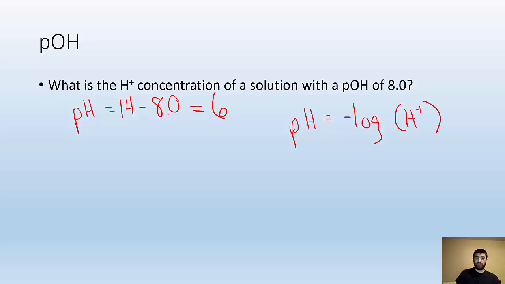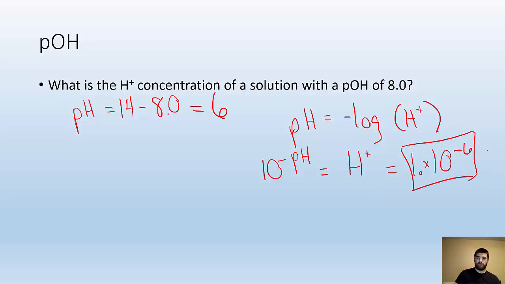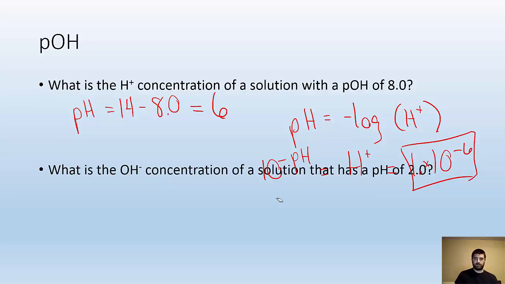So now I've got to plug and chug some things, right? How do I get H plus by itself? I'm going to have to do 10 to the negative pH equals the H plus concentration. So I do that, and I get 1 times 10 to the negative 6. That would be the scientific notation for my concentration of H plus. Pretty straightforward, that one. And I've got to erase all this because it's in my way now.